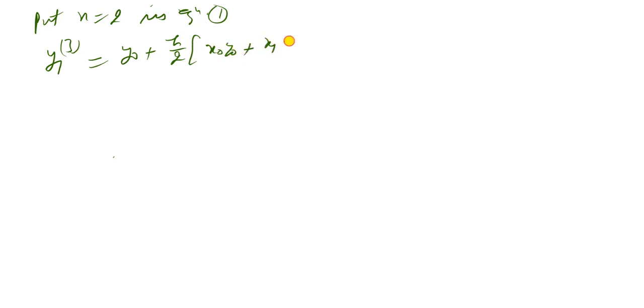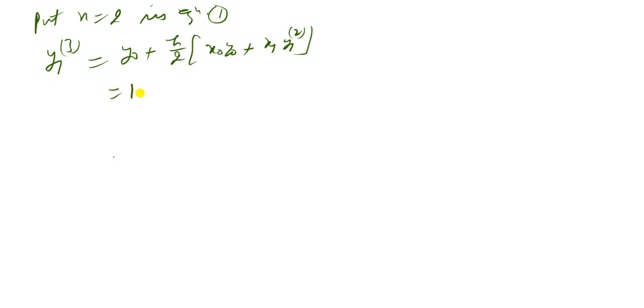Now in this step, put n is equal to 2 in equation 1, so we obtain y1 3 is equal to y0 plus h upon 2 times x0 y0 plus x1 y1 2.